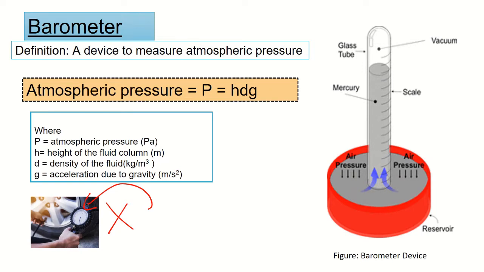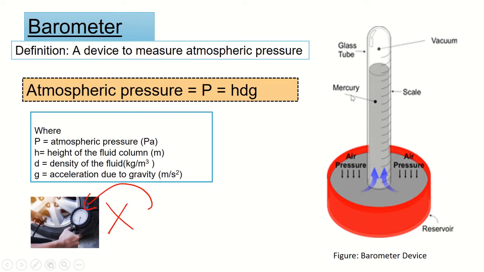According to the construction of the device, the red part here is a reservoir which is used to fill some fluid or some kind of medium. In 99% of cases in a barometer, mercury is used.